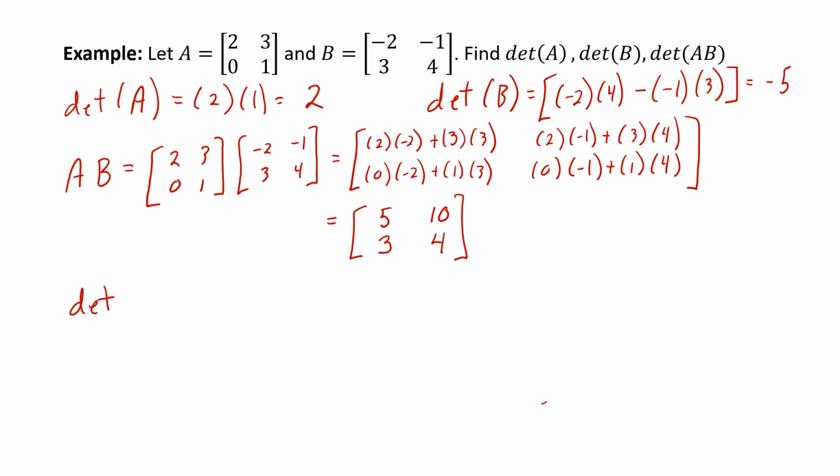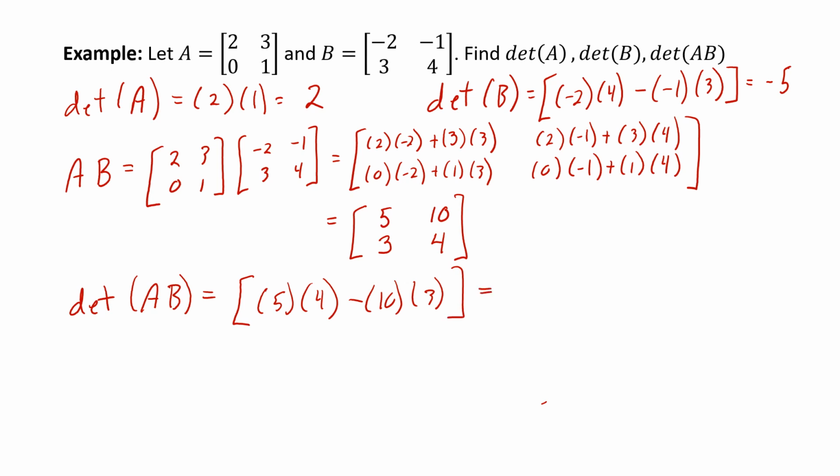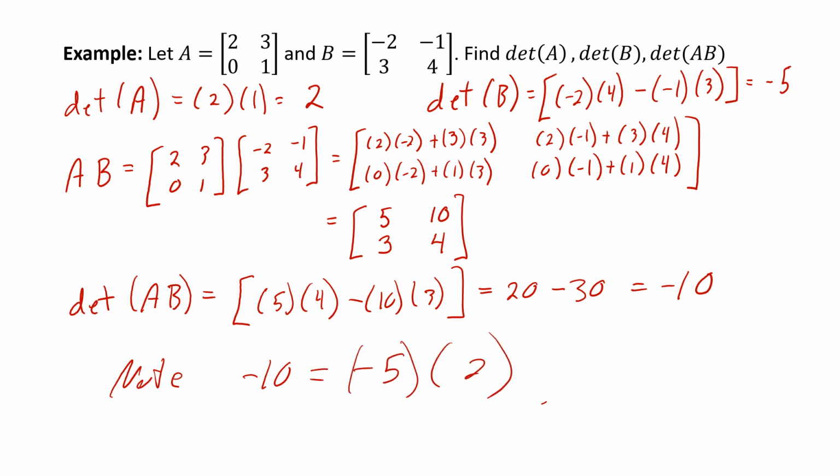Now what's this determinant? Determinant of AB is equal to 5 times 4 minus 10 times 3, which is 20 minus 30, which is negative 10. Note, negative 10 is equal to negative 5 times 2.